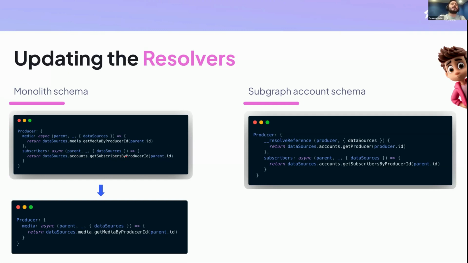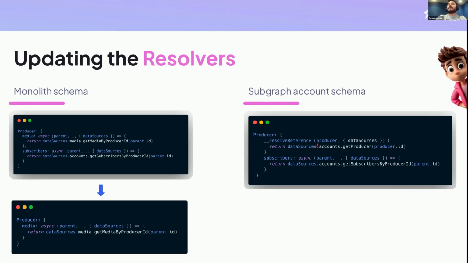But now that this is part of the subgraph schema, we need to remove it from the monolith, and that belongs to the account schema. So in the producer, as the account subgraph is the one that is going to be resolving all the information related to the producer that belongs to this subgraph, we need to define the reference resolver that we were talking about a little bit earlier.